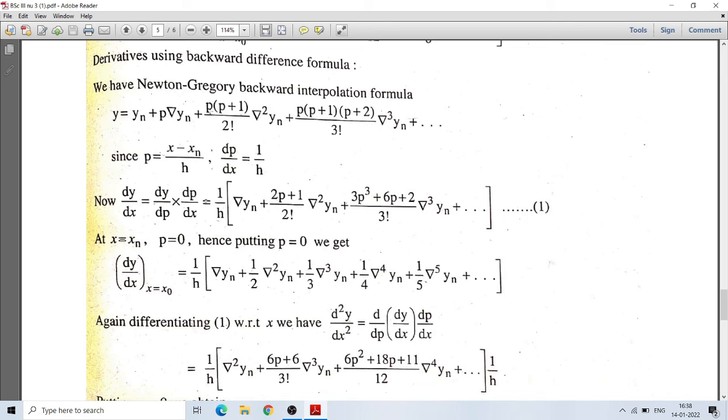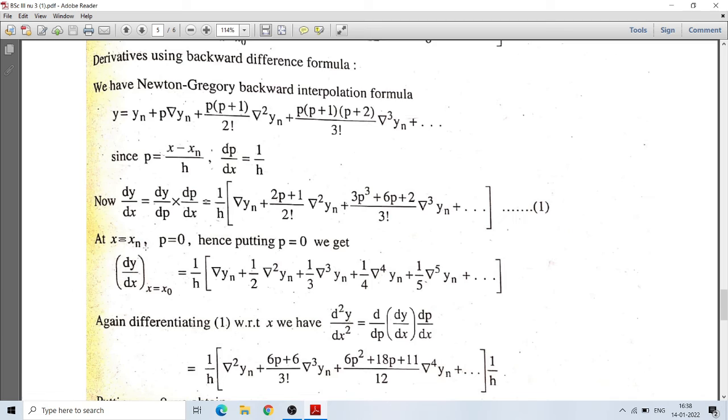From this, p into p plus 1 is p square plus p, differentiate with respect to p, 2p plus 1, divided by 2 factorial nabla square yn. Here first these three factors multiplied, p into p plus 1 into p plus 2, will give p square plus p; multiplied by p plus 2 will give p cube plus 3p square plus 2p, differentiated 3p square plus 6p plus 2 divided by 3 factorial nabla cube yn. Call this equation number 1.